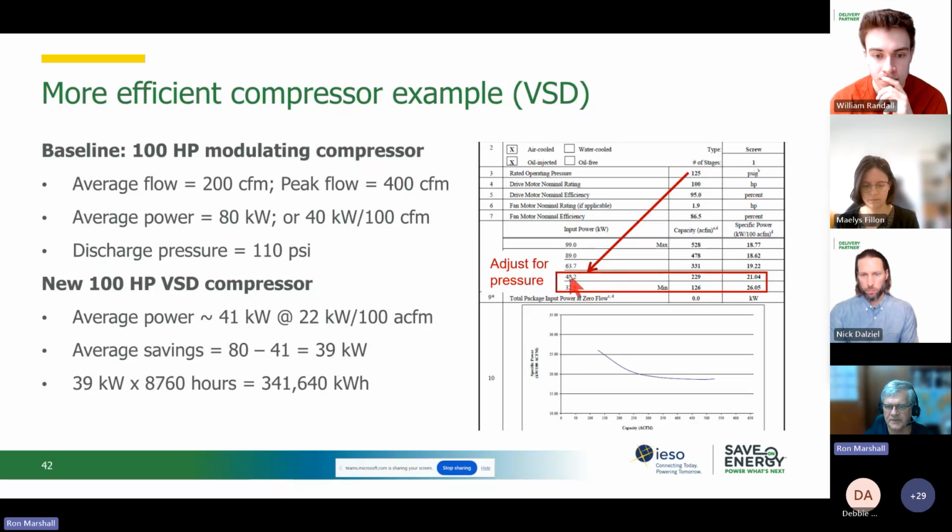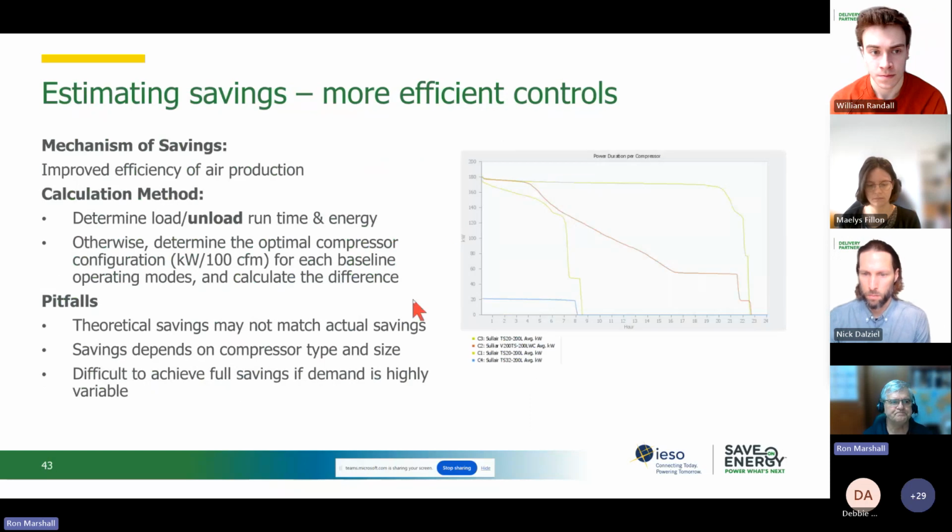We might have to do some interpolation here. The new power consumption would be 41 kilowatts under the same loading conditions, right? 80 kilowatts minus 41 is 39 kilowatts, much higher than before, because this compressor has more of a one-to-one turn down and saves much more energy, right? In the 8760 hours of operation.